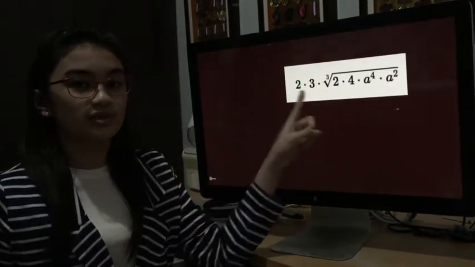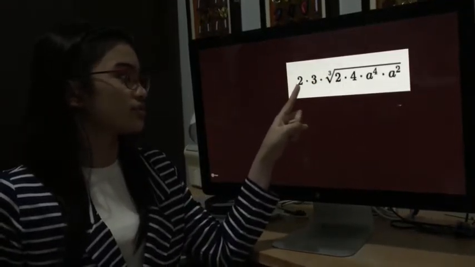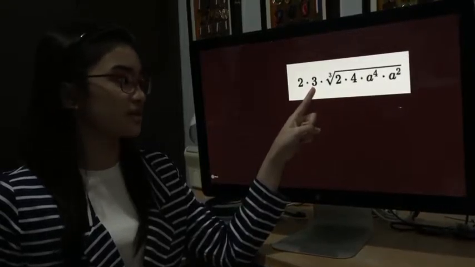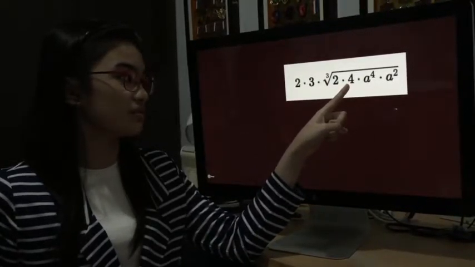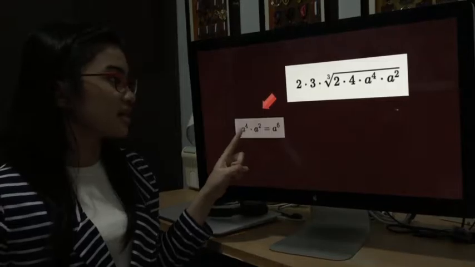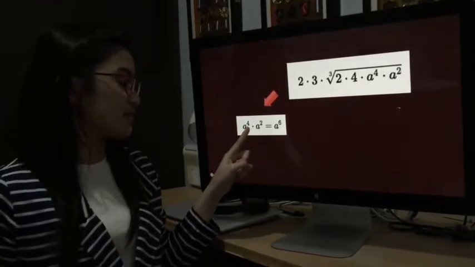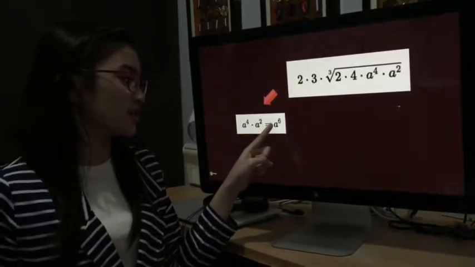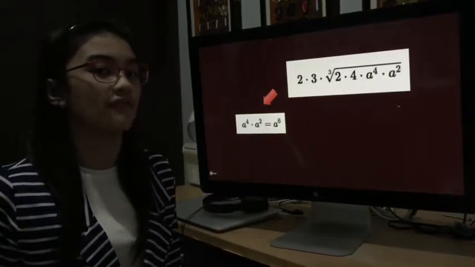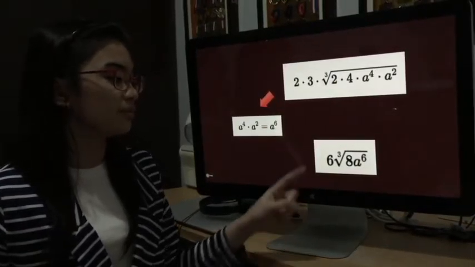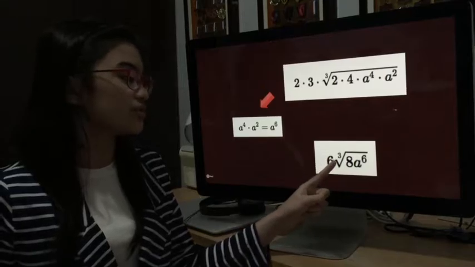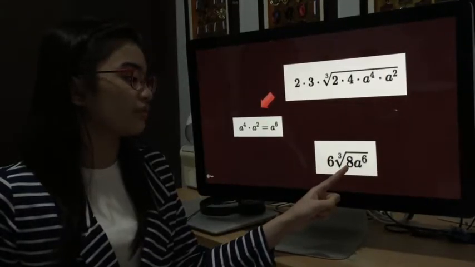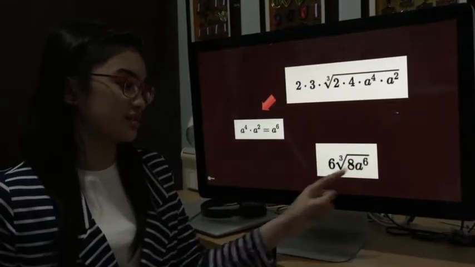Now we have to multiply all the terms. So 2 times 3 is equal to 6, 2 times 4 is equal to 8, and a to the 4th power times a to the 2nd power is equal to a to the 6th power because of the law of indices. Now we'll be left with 6 cube root of 8a to the 6th power.